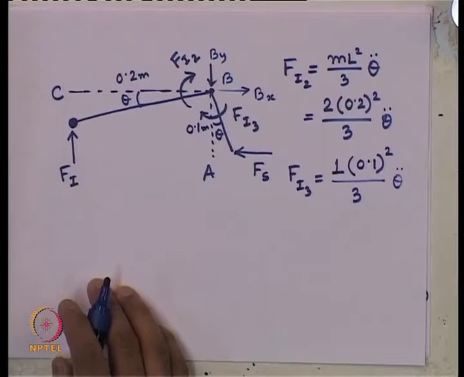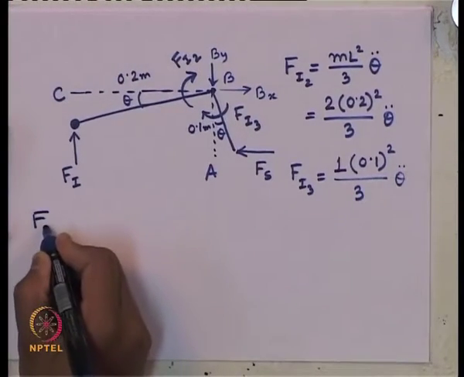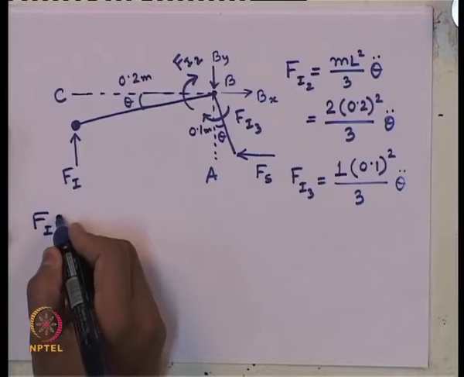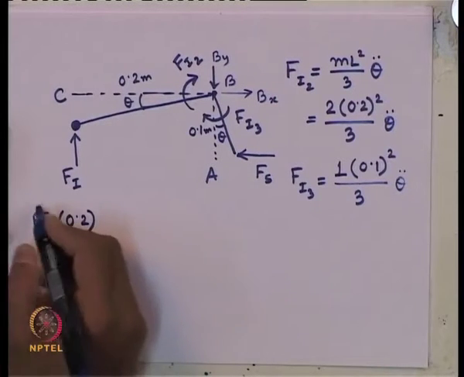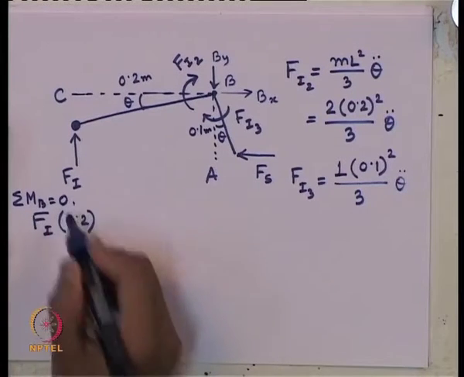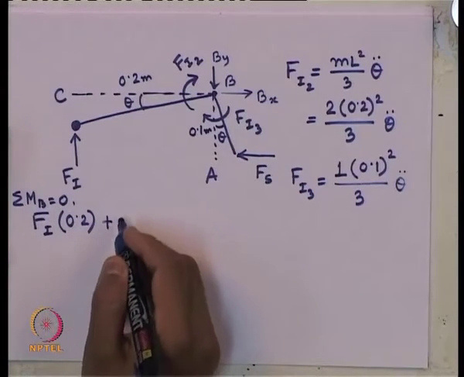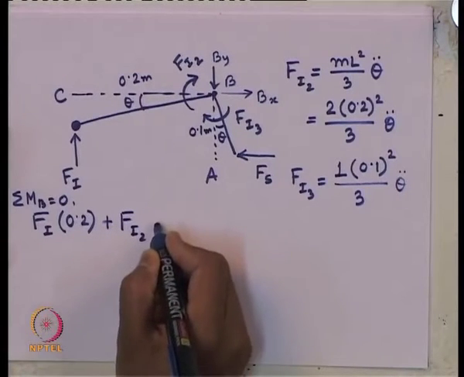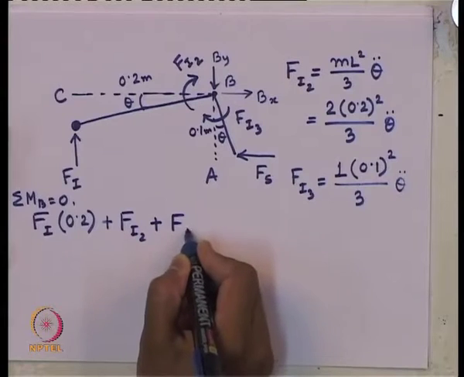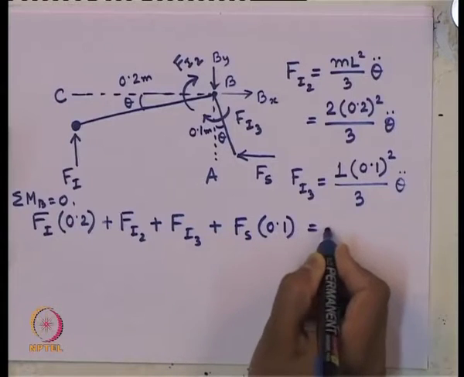So, how the equation of motion has changed now? The equation of motion, if we rewrite, it will be, we are writing sum of m b equals to 0, the same moment equilibrium about this support point B. F I into 0.2 plus F I 2 plus F I 3 plus F s times 0.1 equals to 0.